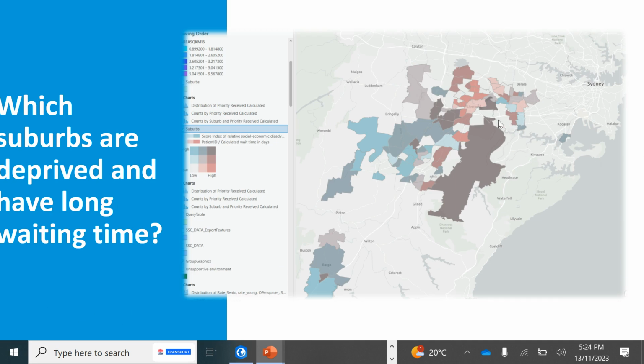I'm only providing one example here, but in fact we've done it for several different variables as well, using this kind of mapping technique to really help our decision makers from New South Wales Health get a better understanding of the geographic context.